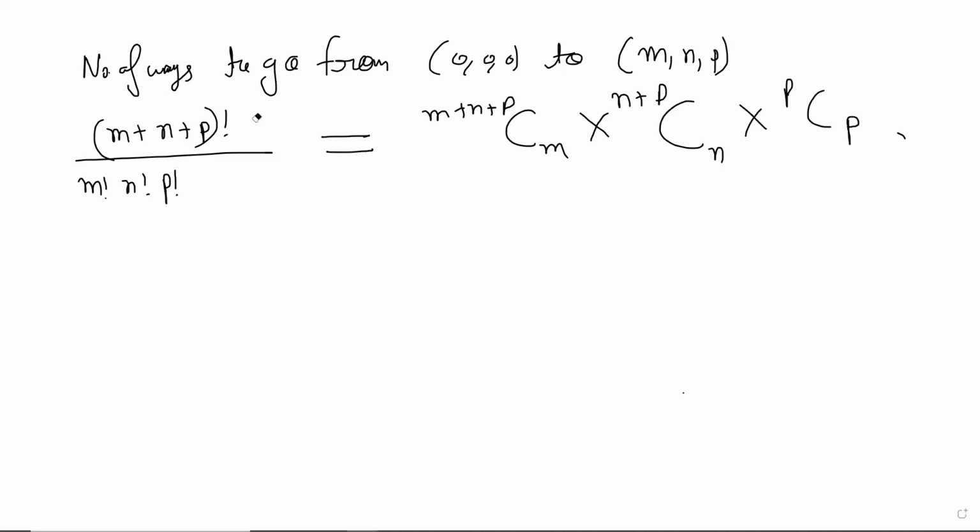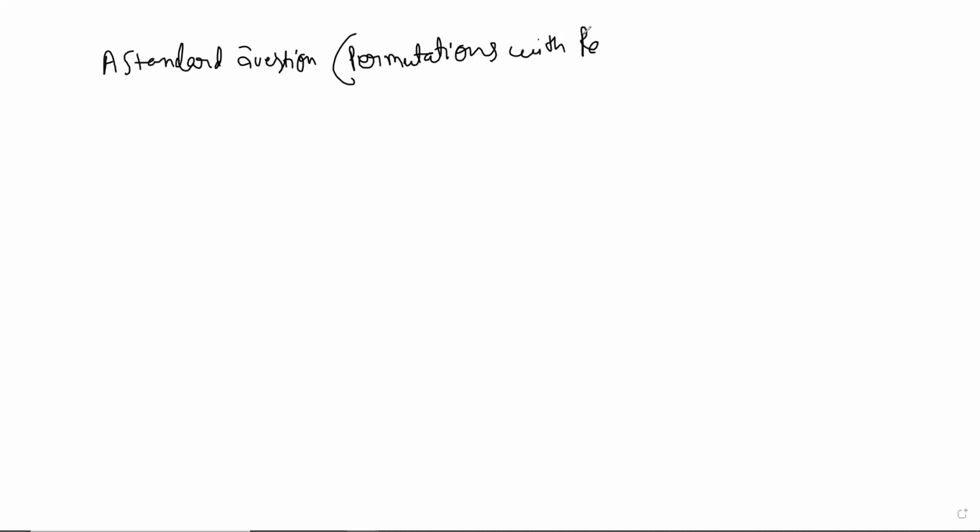Yeah, let me now do a very standard question. Let's try to do it and then we'll see if it is related. This is like permutation with repetitions. Permutations with repetitions. But we will see if we can approach it with the way we have been doing things.